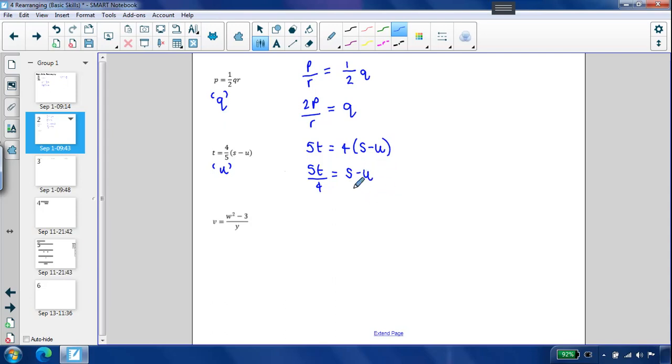And I'm having to make U the subject. At the moment I've got a negative U, so the method I'm going to choose is I'm going to move the U over to the left hand side by adding U to both sides. And now I just need to move this 5t over 4 to the right hand side, and that will be my final step.